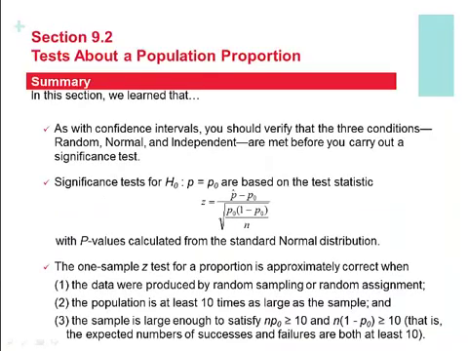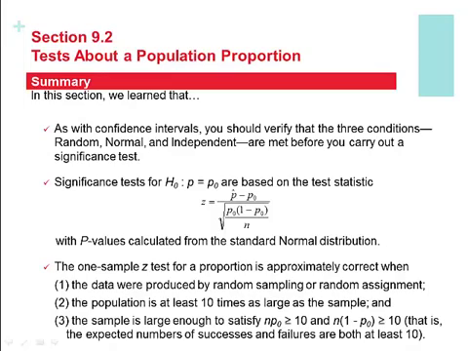As a summary for section 9.2, what we've learned. Again, we always need to check three conditions, random, normal, and independent, before we carry out a significance test. Our test statistic for a test about population proportions is z equals p hat minus p0 divided by the square root of p0 times 1 minus p0 divided by n.